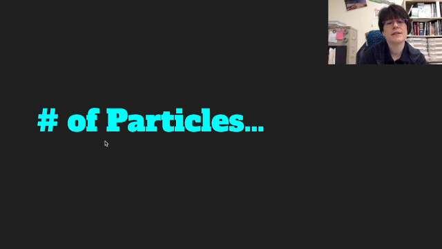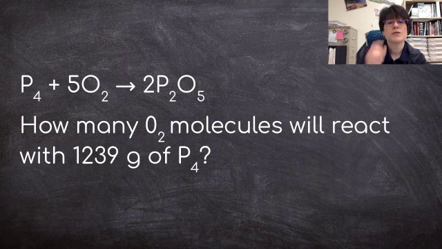And finally, another type of problem we can do is number of particles. So here we have our same equation, and our question is how many oxygen molecules will react with 1,239 grams of phosphorus.